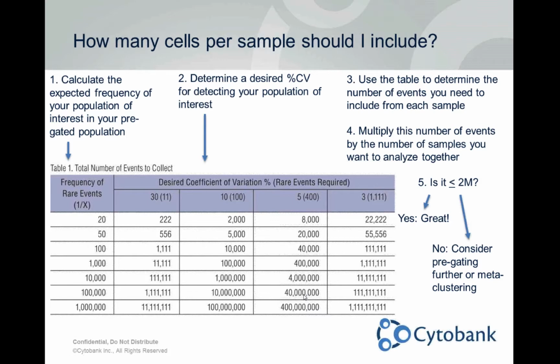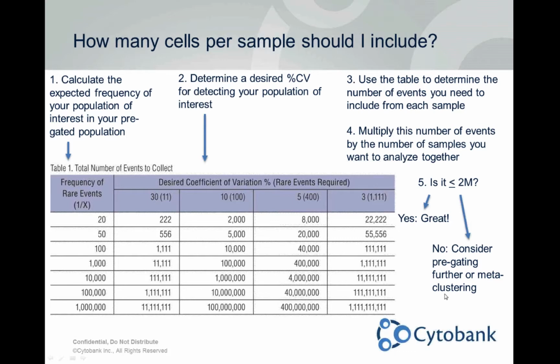If that's the case, as outlined in this little flow chart, you should consider pre-gating further, like I talked about at the very beginning, making sure you've trimmed all the excess populations of cells that you don't care about out of your starting ViSNE, or meta-clustering, so basically clustering on clusters.